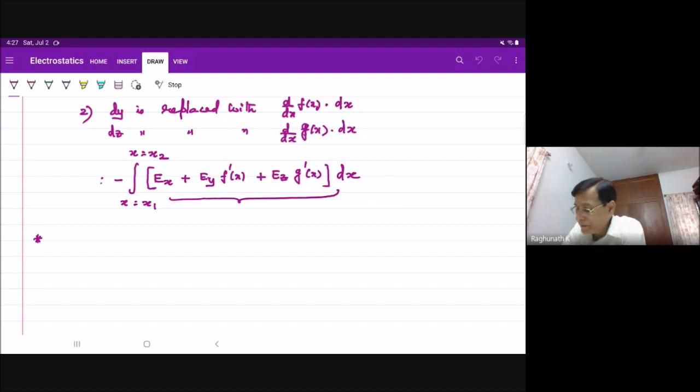Having defined the potential difference as minus of integral initial point to final point along the given path, E bar dot dl bar, I would have taken some point as initial point, some other point as the final point.